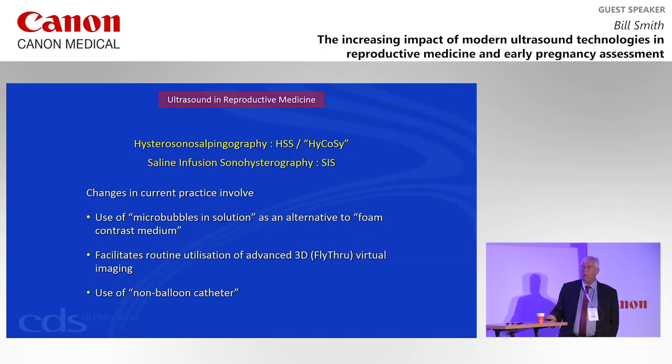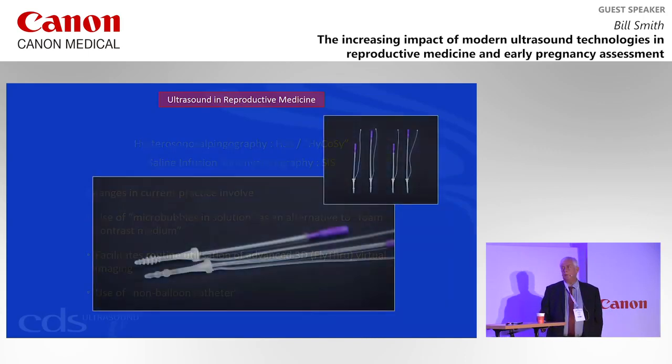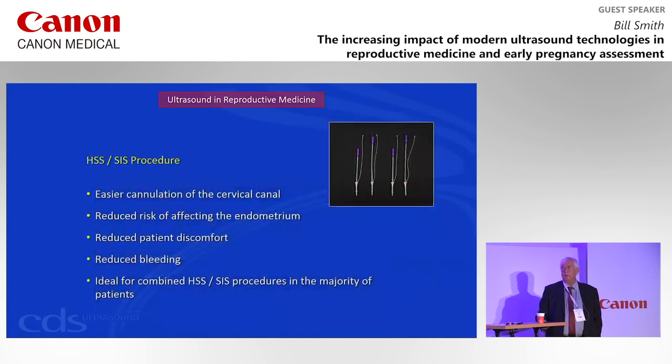And also we're using new catheters to really bring together these two procedures. And they should really be produced together. They're the catheters we're using. And the catheters we find are very, very useful. Improves the technique, reduces patient discomfort, etc.